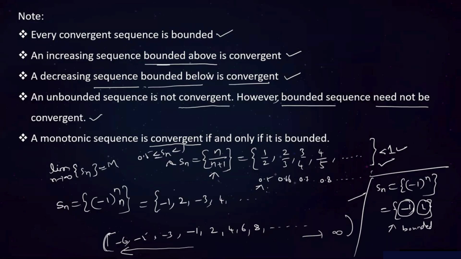Now I'm writing its converse here. When it is monotonic and convergent also, understand, when it is monotonic and convergent, what happens? If it is a monotonically decreasing sequence, we may get a lower limit for this, right? When it is a monotonically decreasing sequence, as n tends to infinity, and you are given it as convergent also, right?